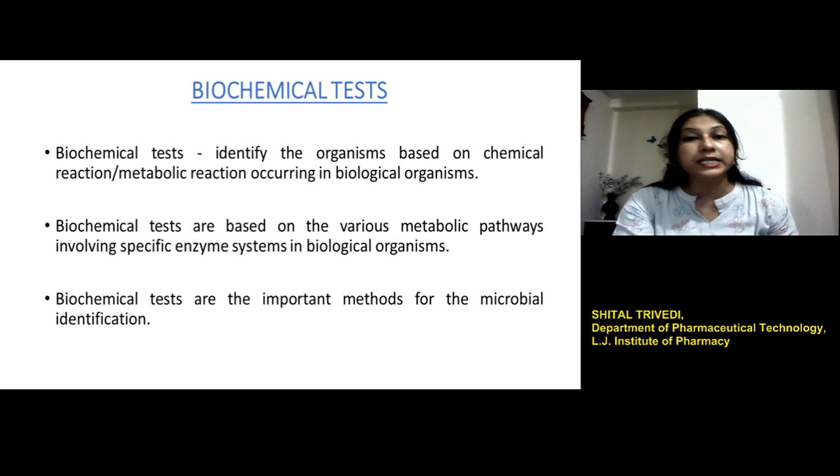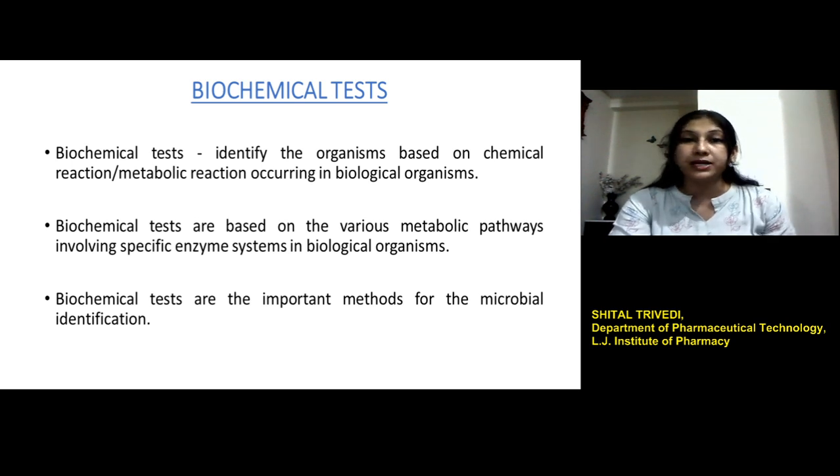Let's see. First of all, we need to understand what biochemical tests are. This test identifies a particular group of organisms or a specific organism based on the chemical reaction, that is, the metabolic reaction occurring in the biological organisms.